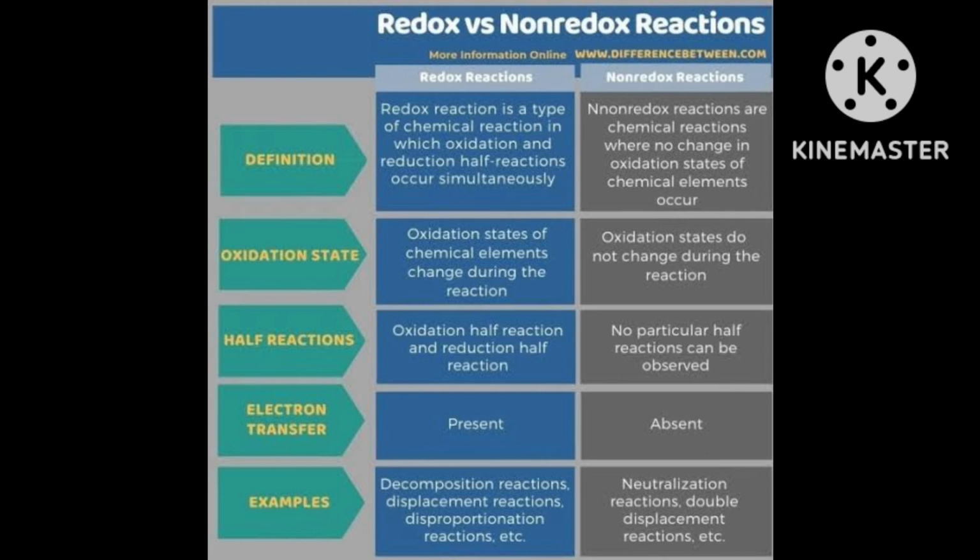Then here in CuSO4, copper and sulfur are both variable. Oxygen is 99% fixed, minus 2. Sulfur is more variable. You have to compare both copper and sulfur, both are variable, but sulfur is more variable.